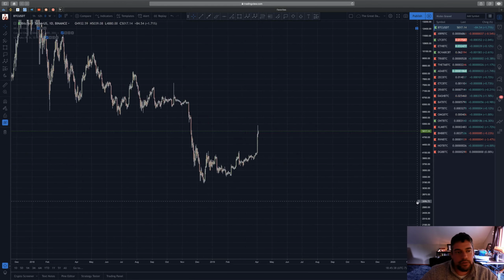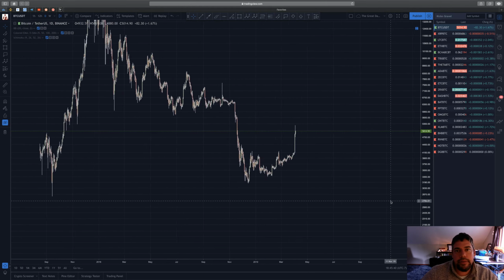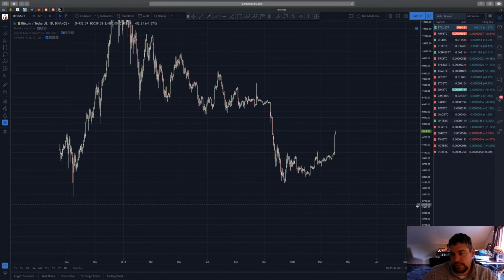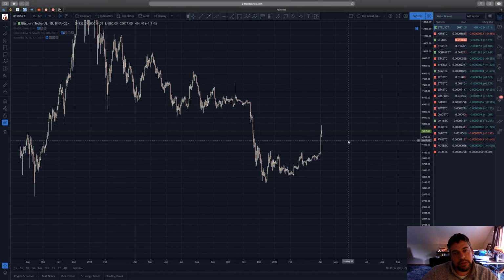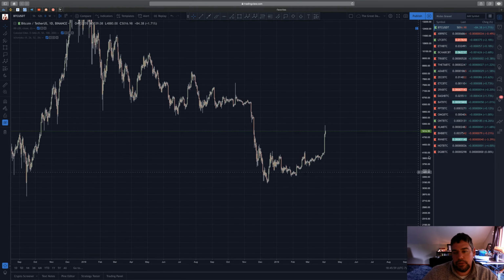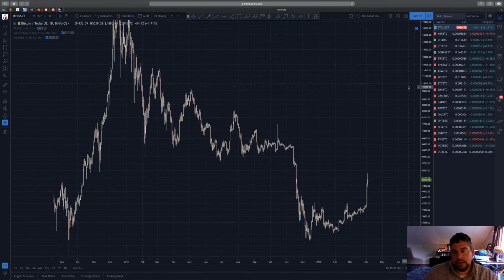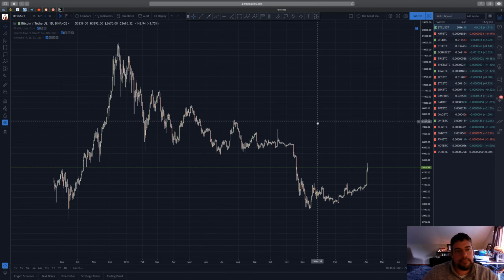So bear that in mind, that we could still come way down here. The trajectory is still down, and we're getting a wick here, which is real nice, but yeesh, we got to be careful. This could be it, right?